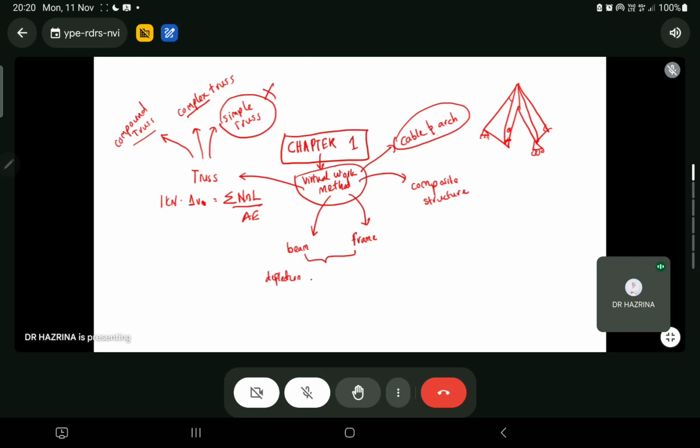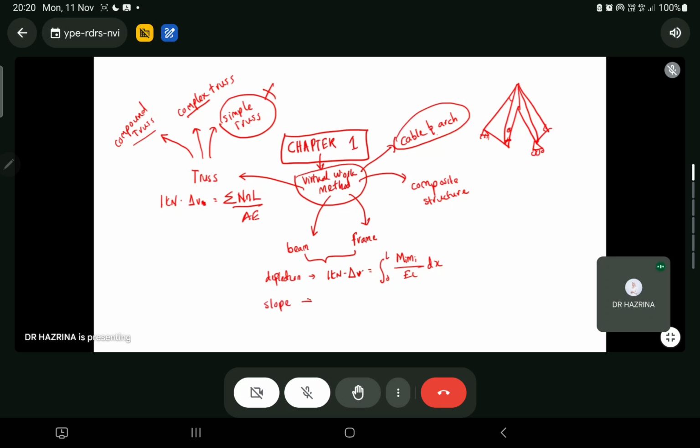With deflection, we apply 1 kilonewton and multiply it with the displacement, vertical or horizontal, equals the integration from 0 to L of capital M smaller m over EI dx. And in beam and frame, they will also ask you about slope.